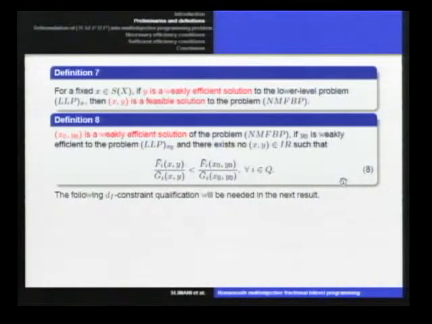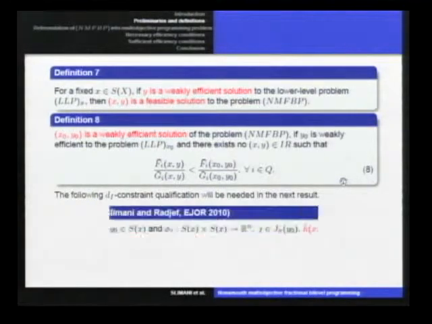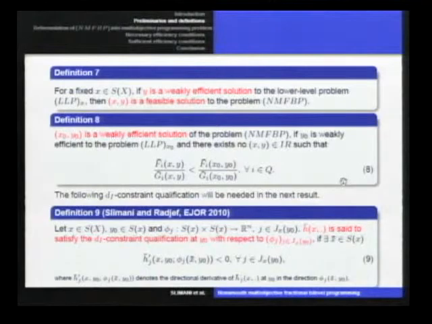To establish the Karush-Kuhn-Tucker necessary efficiency condition for the lower level problem, we need to use the following constraint qualifications. A function phi, g, h bar is said to satisfy the constraint qualification at x0 with respect to phi g if there exists x bar such that relation 9 is satisfied.